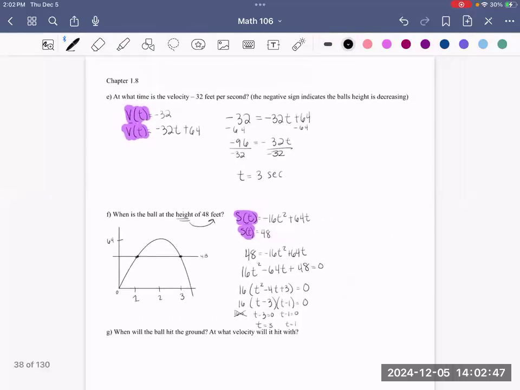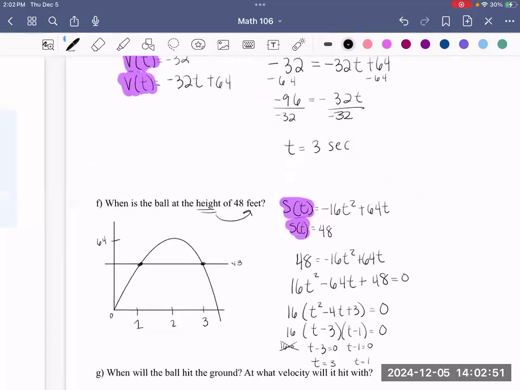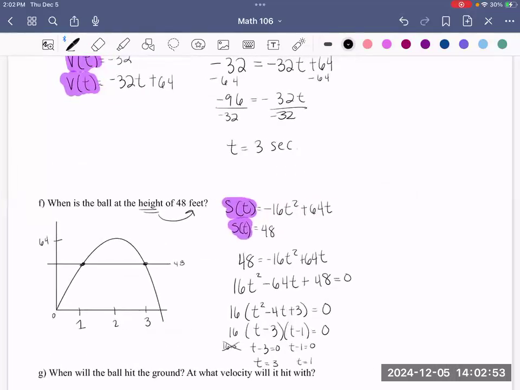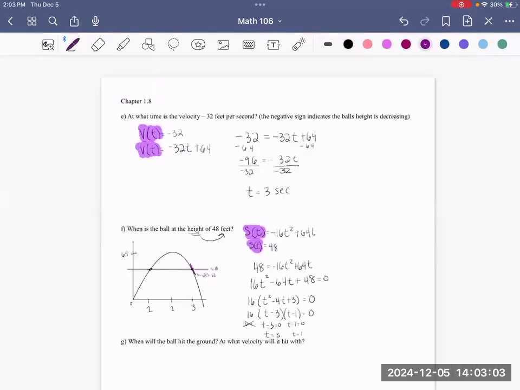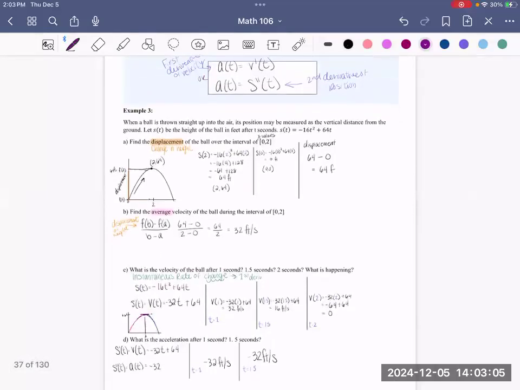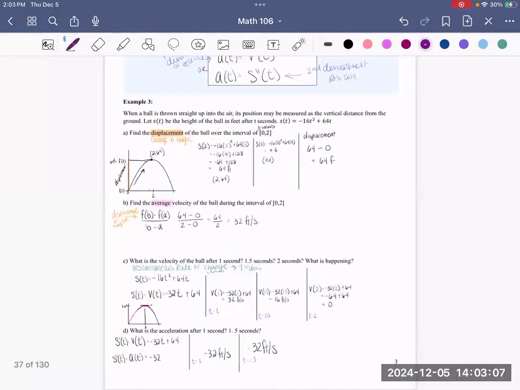We also know that your velocity there is at 32. So that's great. Let's see, what other things can we add?